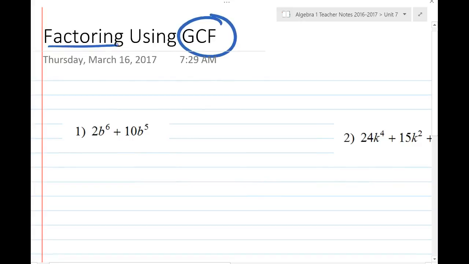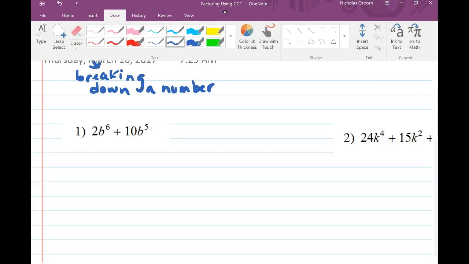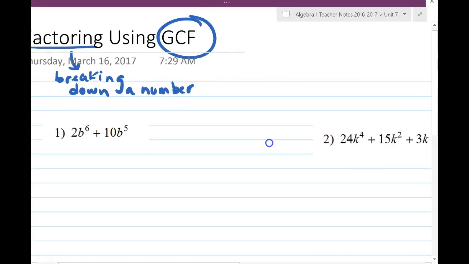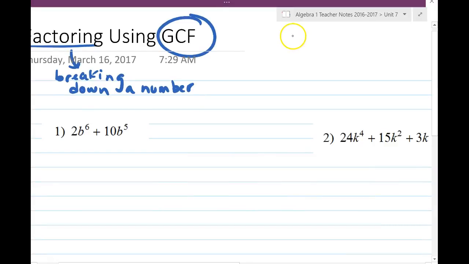Essentially, factoring is breaking down a number. We're going to break a number down. So, for instance, you may have remembered this at some point. If I take the number 18 and I want to break it down, I ask, what do I multiply to get 18? Well, 6 times 3 gives us 18.